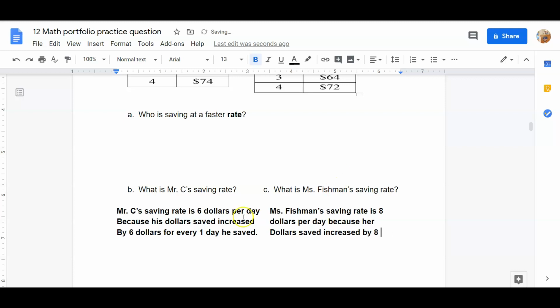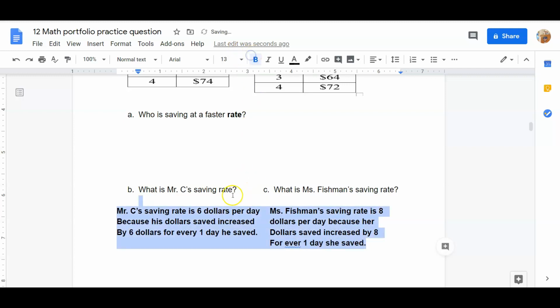It's going to do it again. So go down to the next line, tab over. We hit the tab button to go like this, guys. If you're on iPad, I think you could just click in the spot you want to type. Increased by $8 for every 1 day she saved.